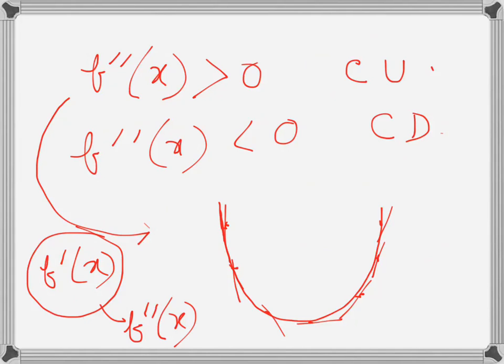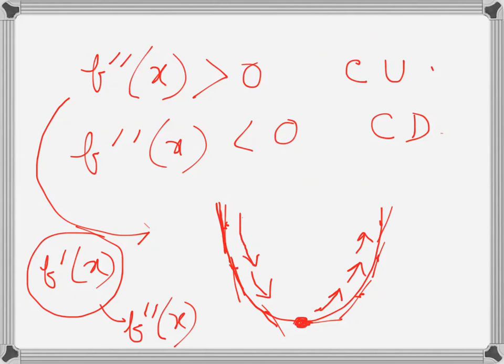This is a very high negative gradient. The negativity keeps decreasing towards the right as we go this way, and the gradient becomes 0 at the minima point, and then the gradient starts to become positive, and the positivity keeps increasing.